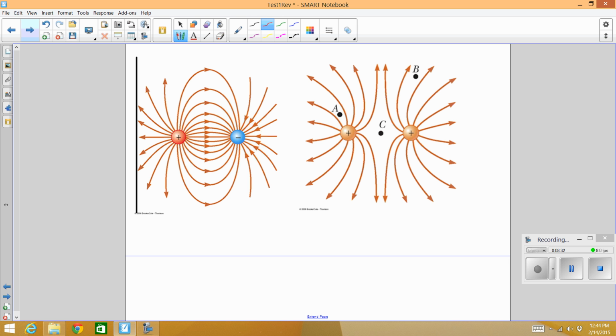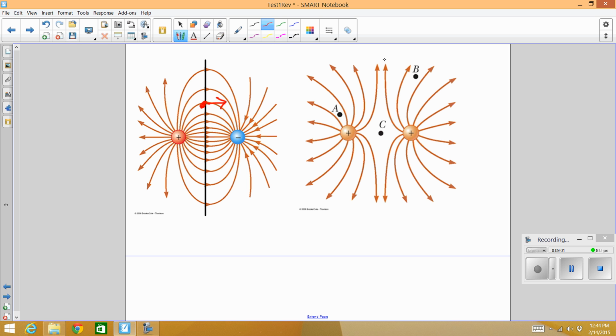Now, if you have more than one charge and you're looking at the electric field away from the line connecting them, say at this point over here, or for that matter anywhere along the bisector, you can see that the electric field is going to be to the right, in this case, if the charges are opposite.